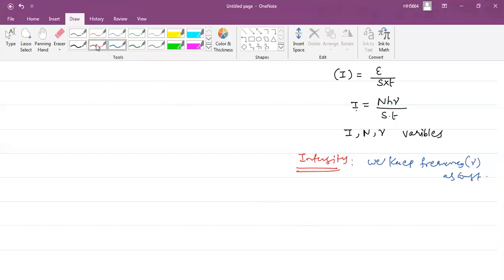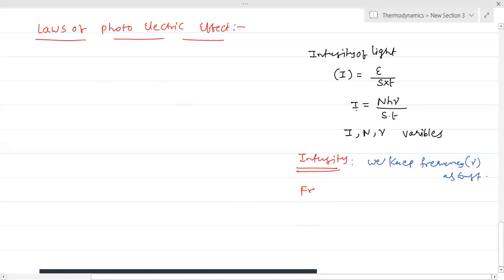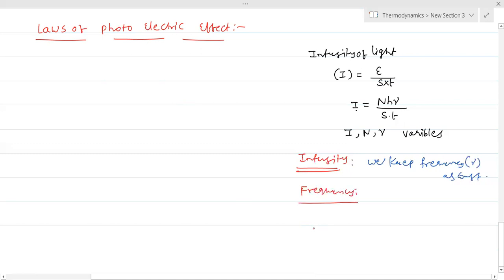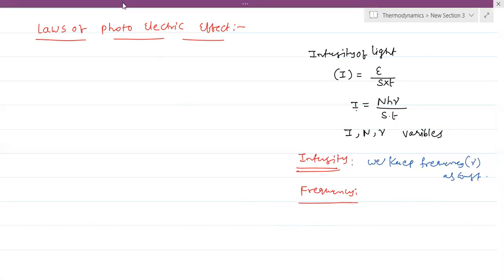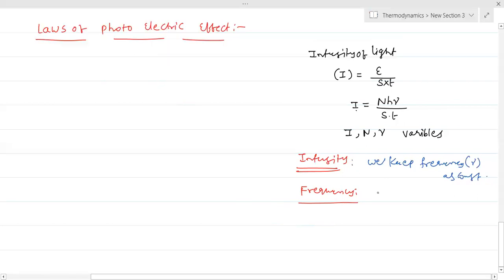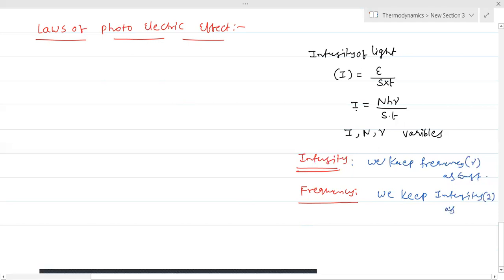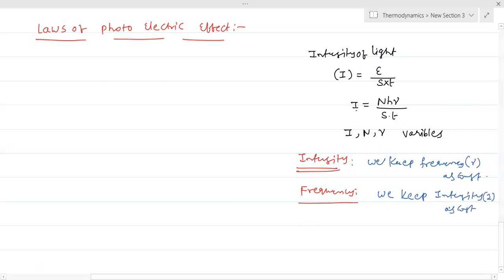And also, while we are discussing the relations about the frequency, suppose what happens to the photoelectric effect when the frequency changes, if we are discussing such questions, generally you need to understand that we keep intensity, that is I, as constant. So this is very important for the photoelectric effect class.